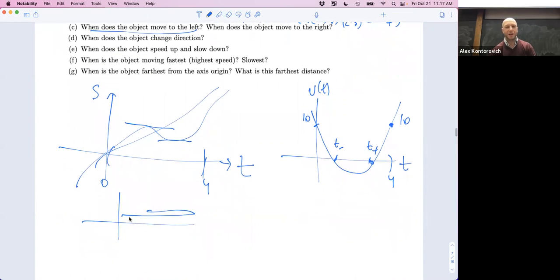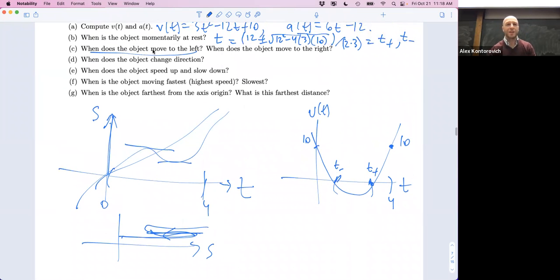So it's moving this way and that way. Instead of going up and down, I've shown s as vertical, but really s is a horizontal quantity. Does that make sense? So moving to the left means it's getting negative. To the left means it's negative, right? And so the negative values are between t minus and t plus. When does the object move to the left? That's between t minus and t plus.